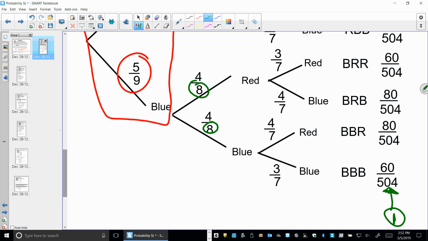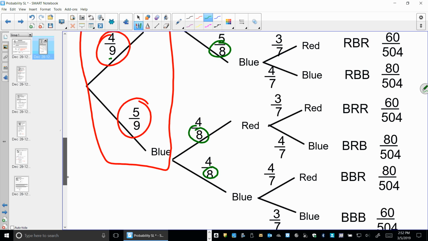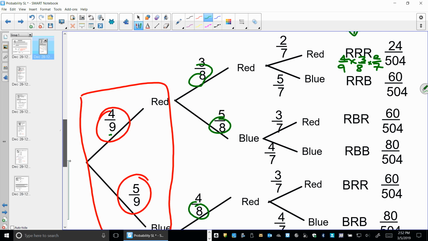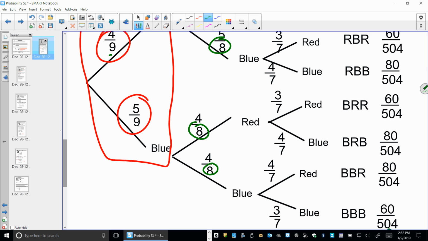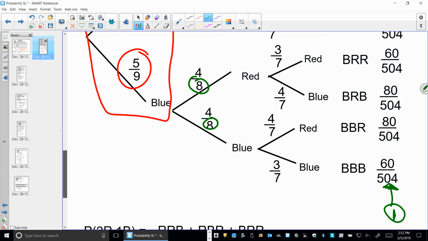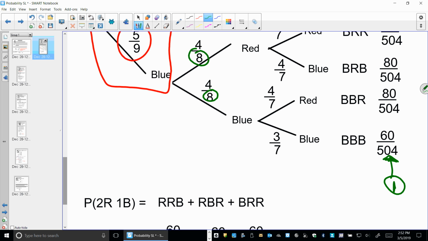So essentially, these numerators have to add up to 504. Okay? So we multiply across branches.